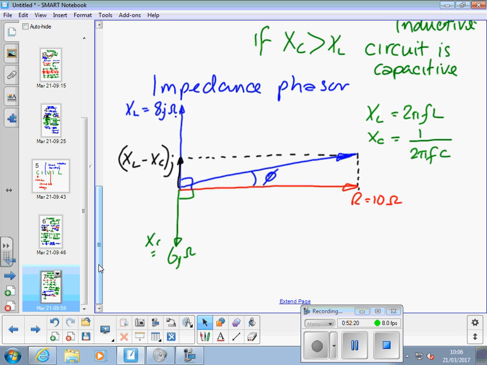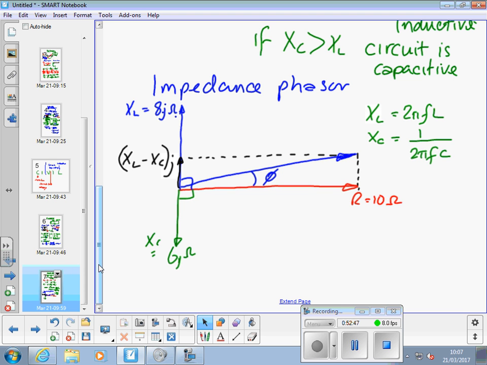Okay, so this circuit would end up with a positive angle for the impedance, so the angle for the current is likely to be negative because of that, and therefore a negative angle for current says we've got an inductive circuit overall. And that would happen because XL is bigger than XC.